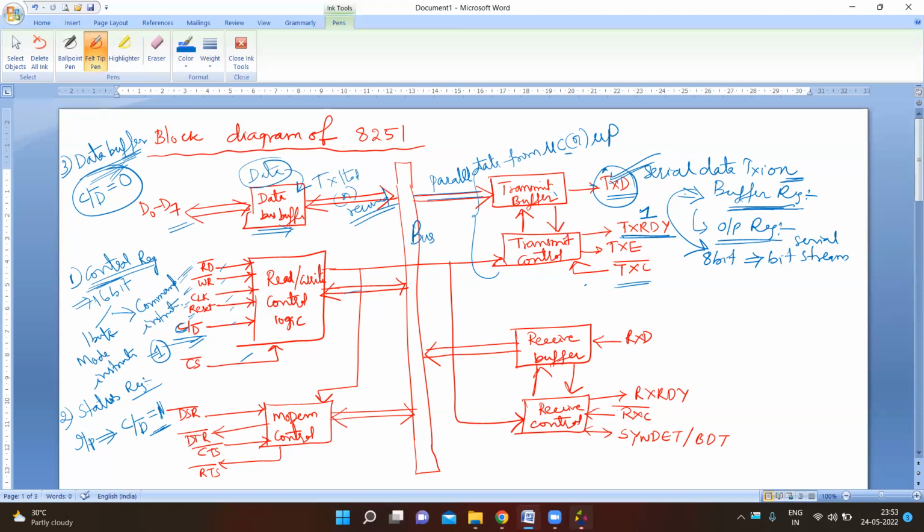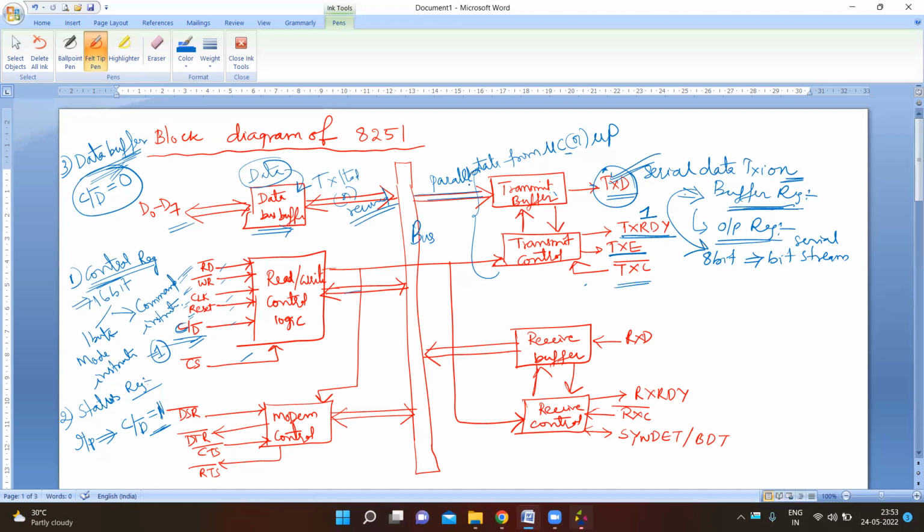The signal is reset when a data byte is loaded onto the buffer. Next is TXE, transmitter empty. This is an output signal. Logic 1 on this line indicates that the output register is empty, and this signal is reset automatically when a byte is transferred from the buffer to the output register.